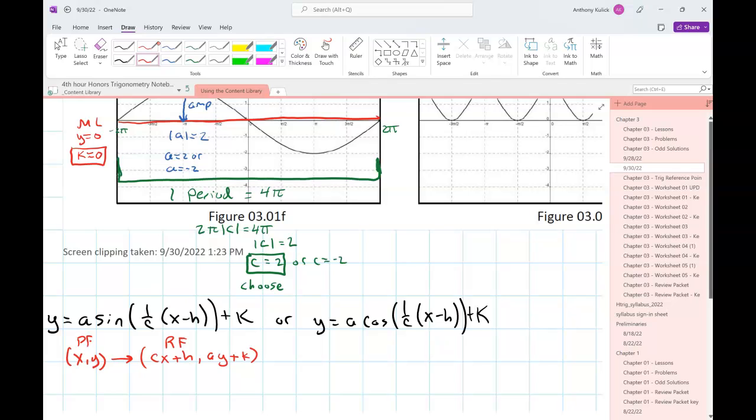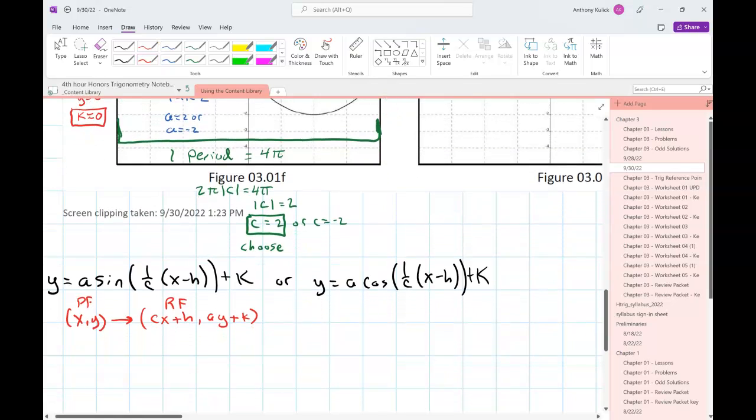So for using the sine function, which point from the parent function is going to be the easiest one to deal with? 0, 0. Why 0, 0? Because the A and the C no longer matter. It makes the algebra a little bit easier to use.